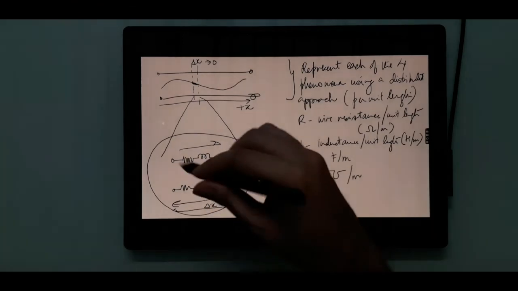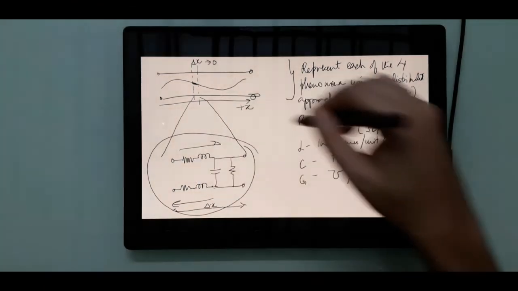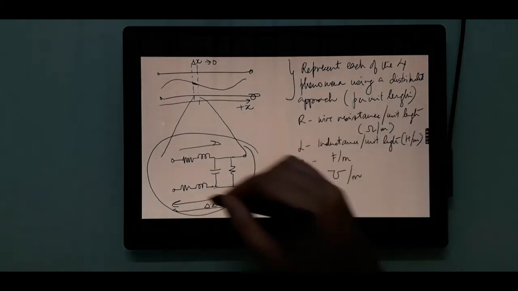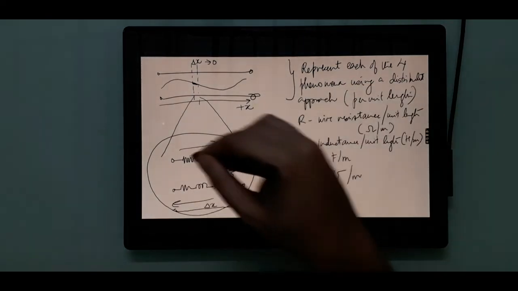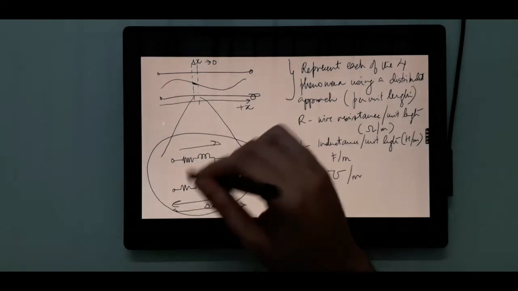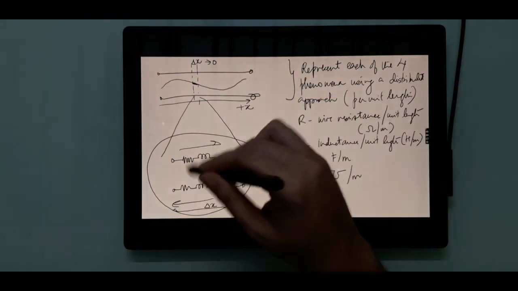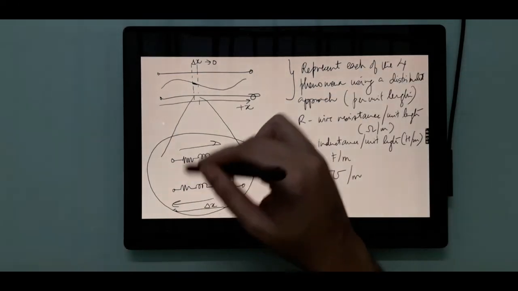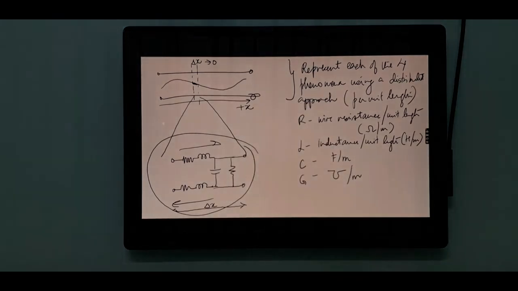So we can simply combine these two resistors, because whenever the line ends, this and this will be in series. We can make our life a little simpler by using these two resistances and these two inductors in series.